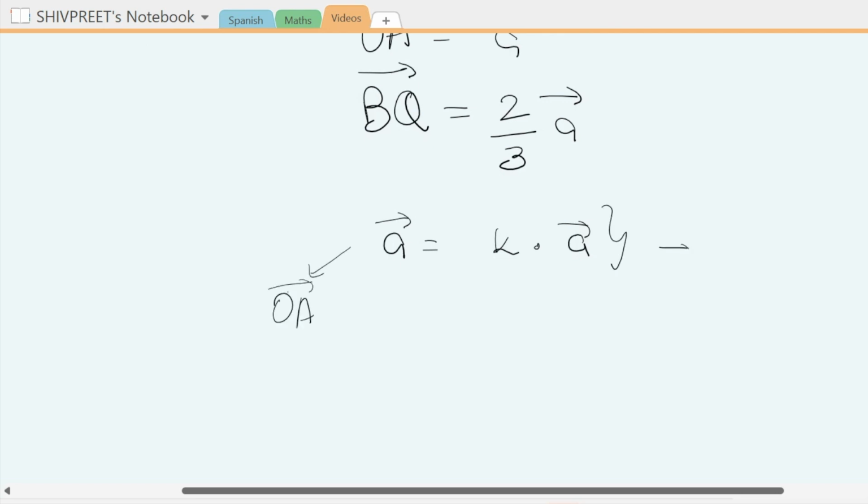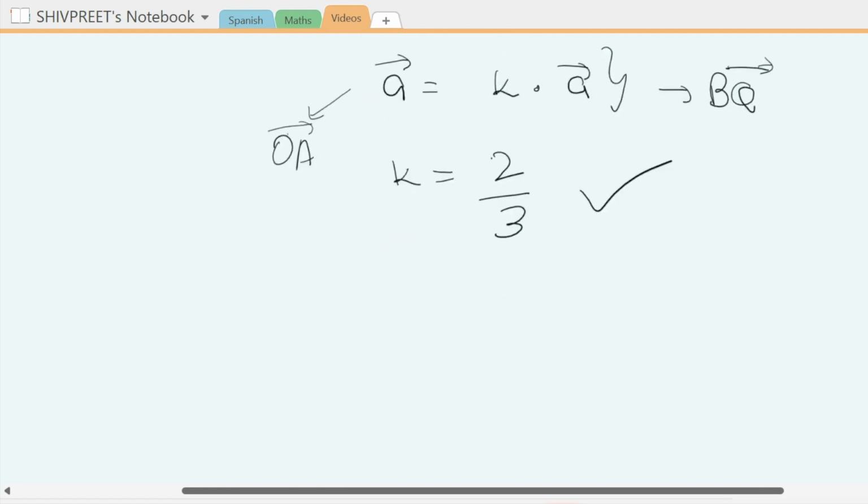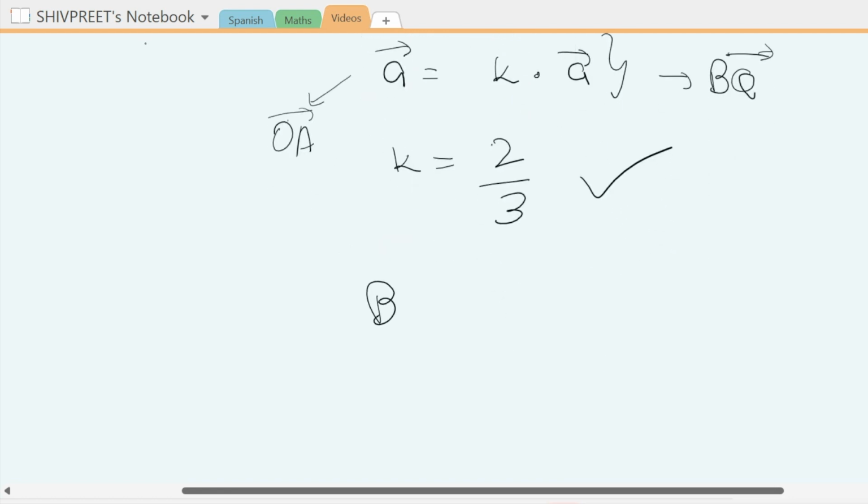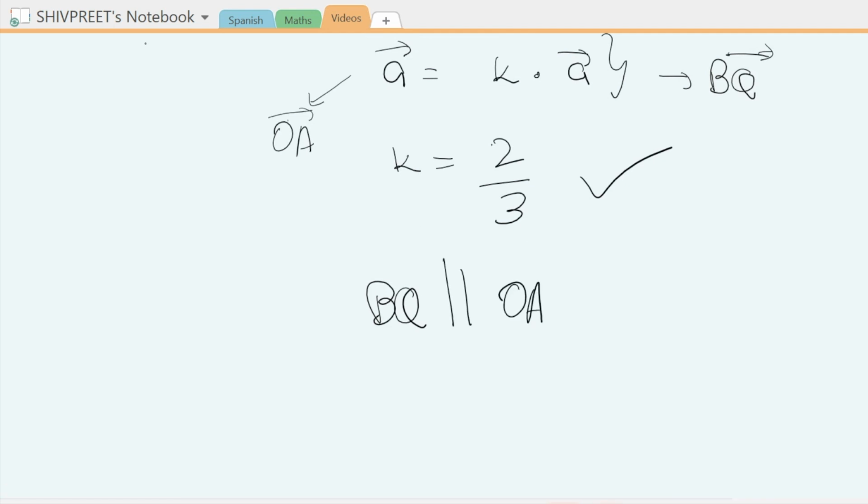So if K is equal to 2/3, then this equation is possible. So that means that BQ and OA are parallel. Reason being, the value of K is 2/3 and it exists.